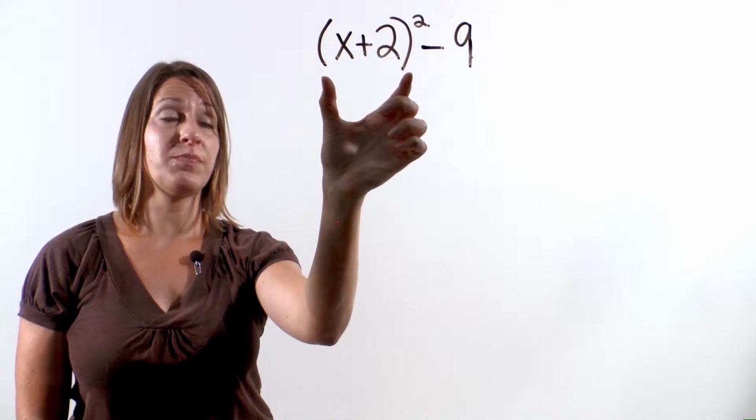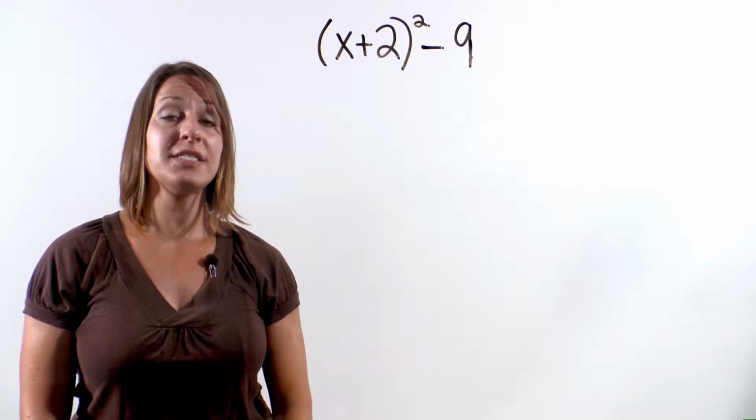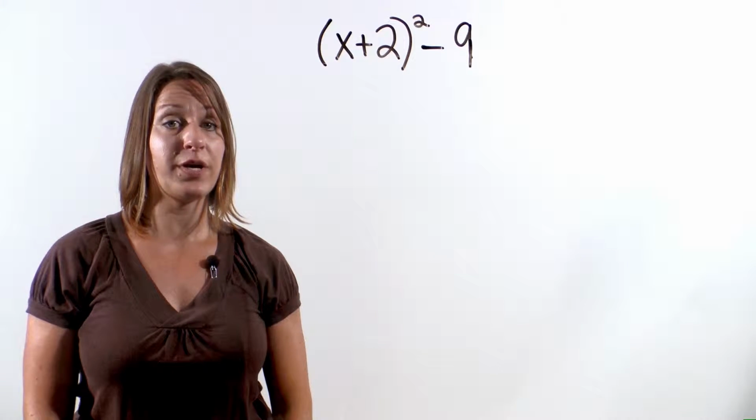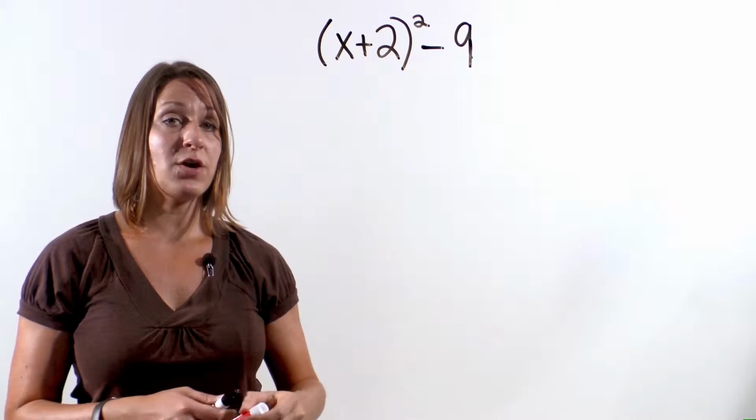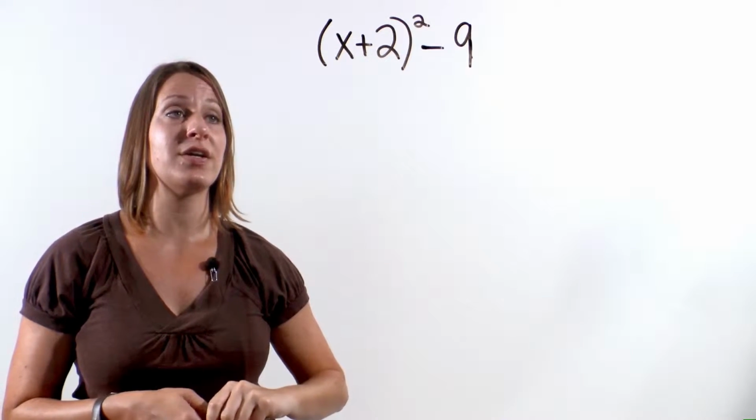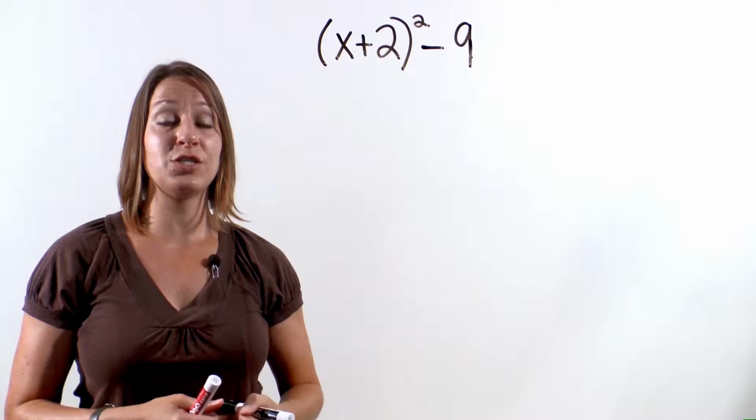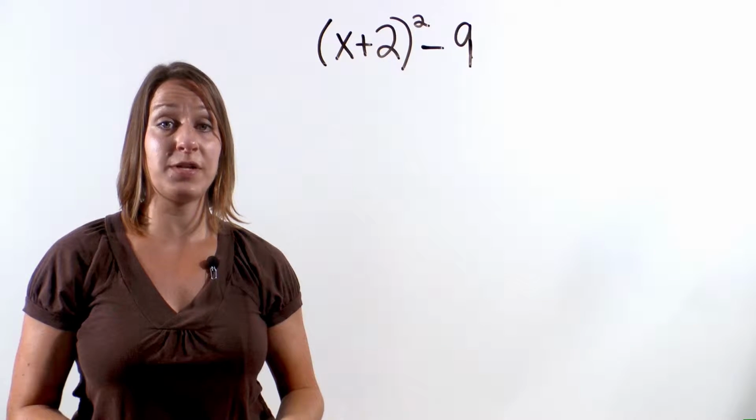Let's look at the first term. The first term is x plus 2 quantity squared. Now, that quantity squared means x plus 2 times x plus 2.